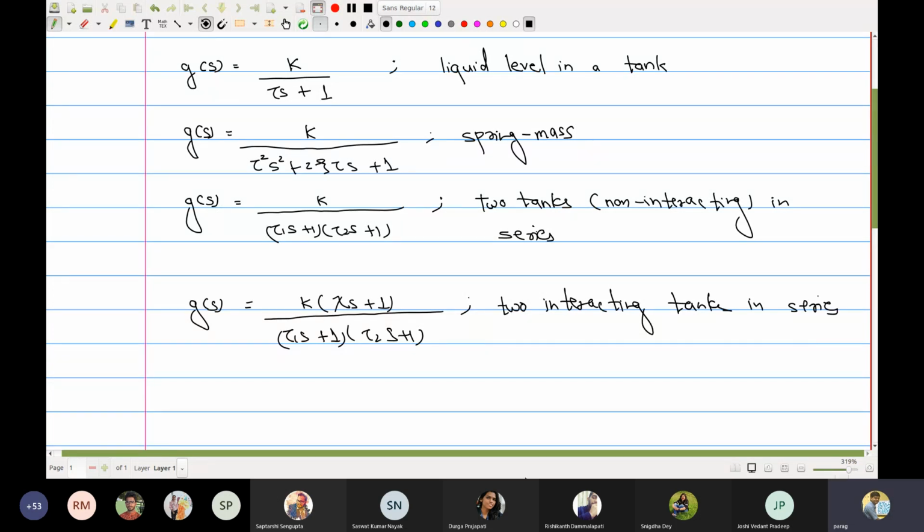So these were the four types of transfer functions that we looked into, and this extension can be made. We went from first order to second order and to one order system, and this extension can be made for higher order in general, nth order and PQ order systems as well.